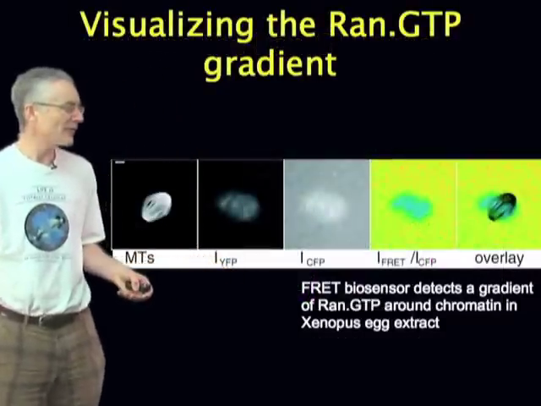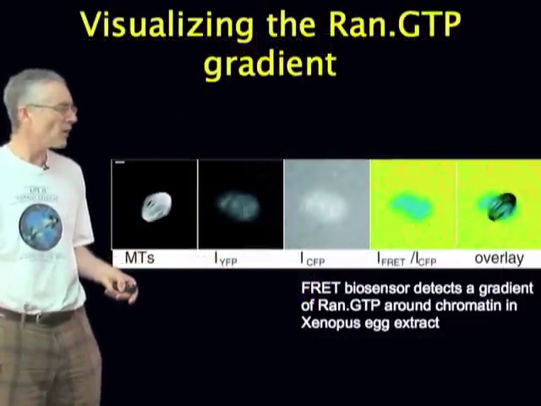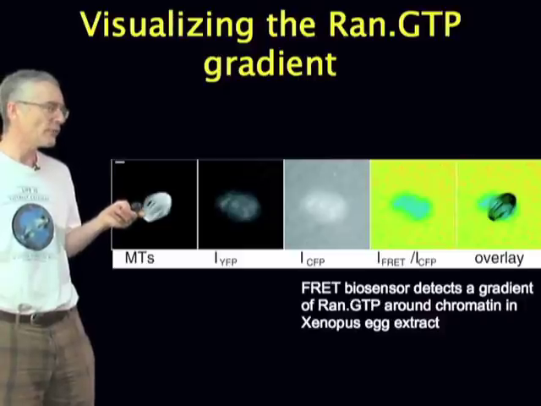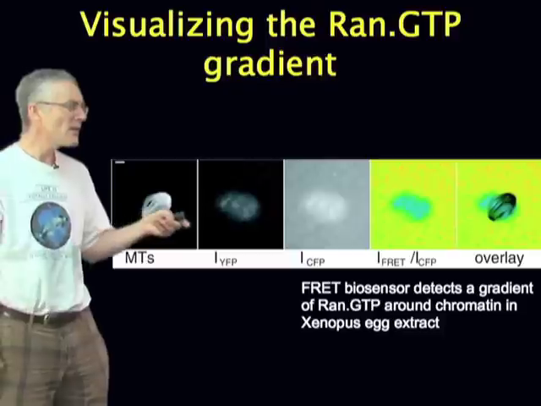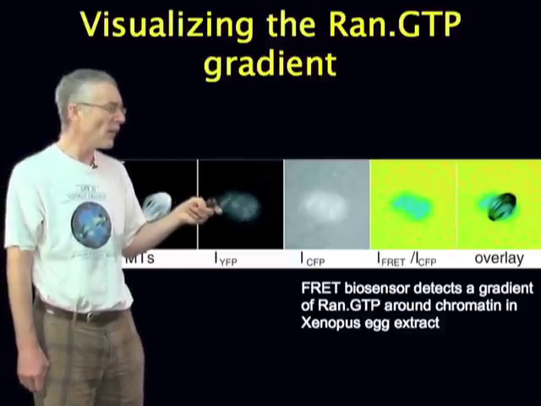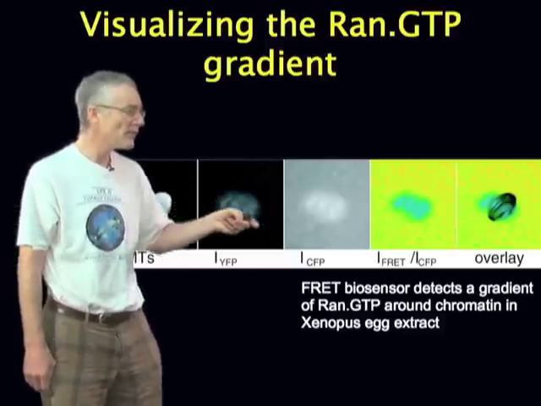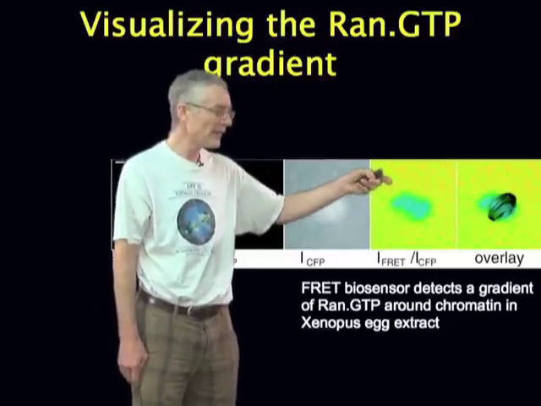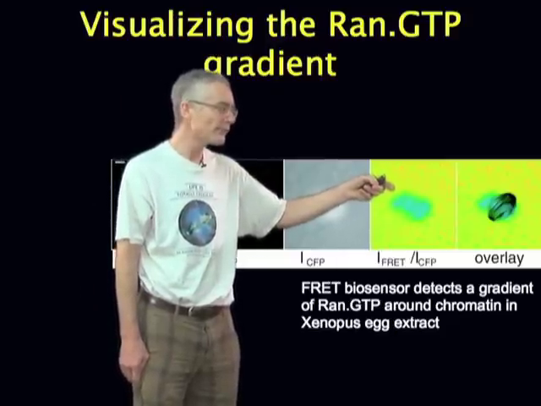And here, I'll step back from this, here is their sensor doing its work. So this is a multicolor live imaging experiment. Here we're seeing the microtubules with fluorescent tubulin. Here we're seeing the YFP signal from the probe, here the CFP signal, and here the FRET signal. And this color indicates a low value of FRET.